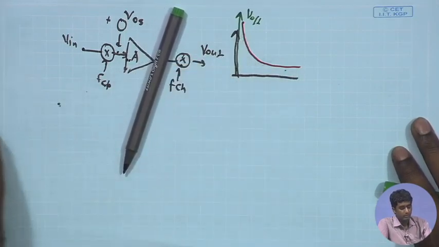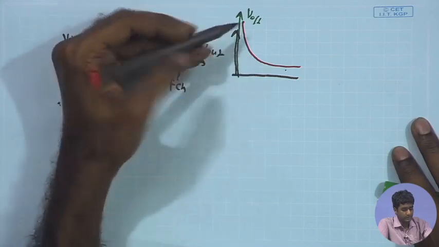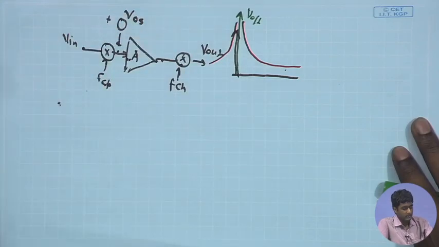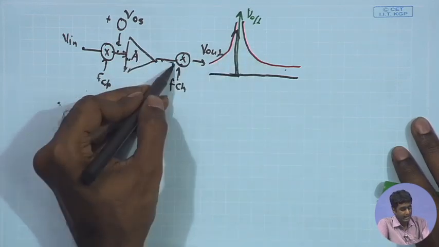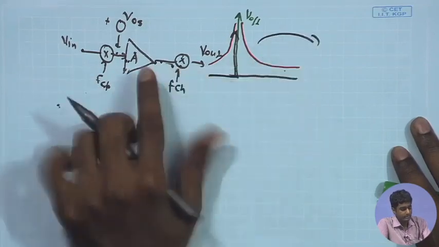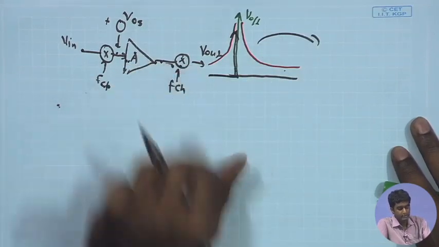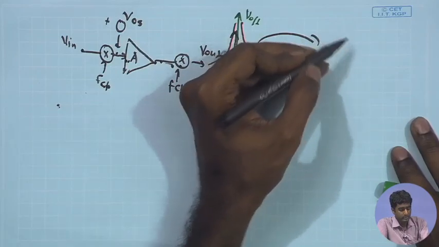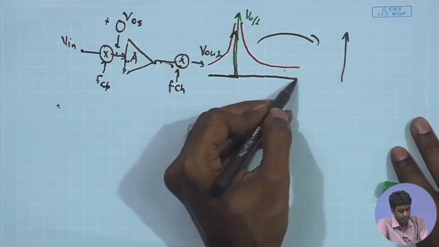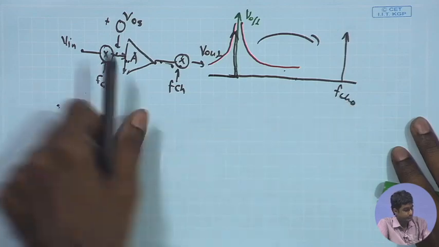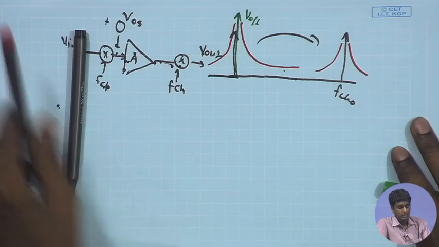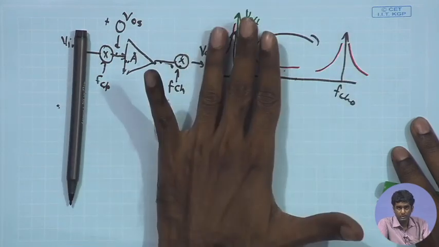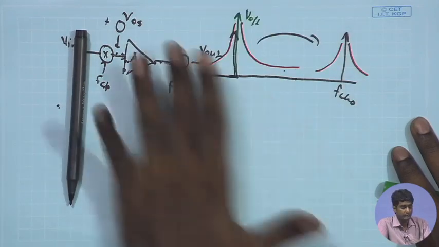So, both these quantities, the 1 upon F noise and the offset signal sitting at DC and close to DC, after the anti chopping operation, after the second chopper, both of them will be getting shifted to the F chop. And the signal is shifted back to the base band or the low frequency content. That was the role of the chopper.